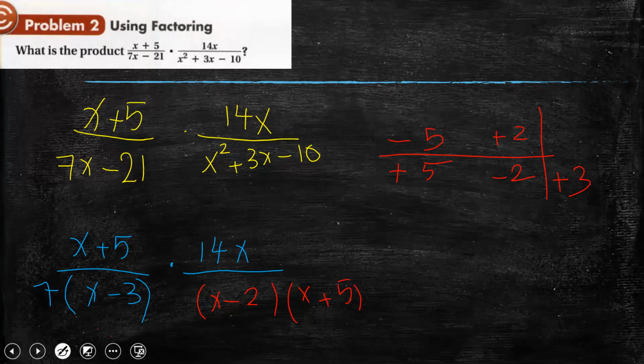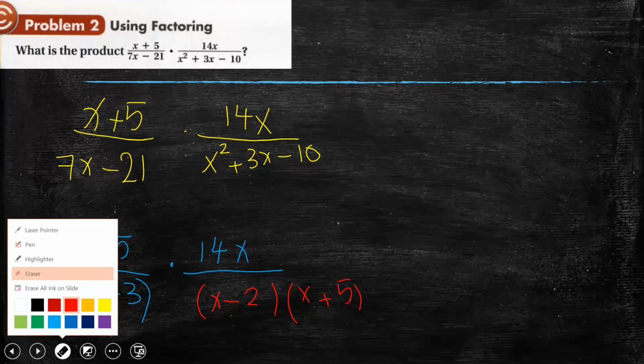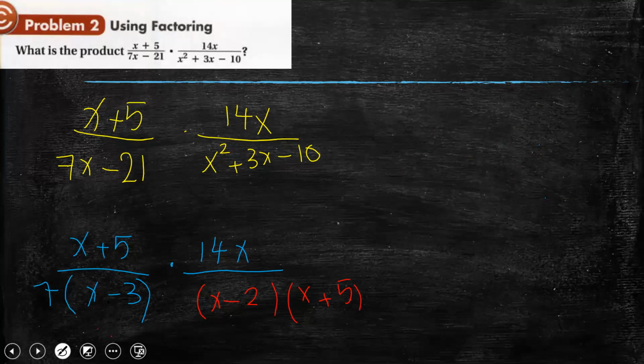Now, look at the first numerator with the second denominator. Look how we have x plus 5 in common. We can cancel them. And here we have 14x.